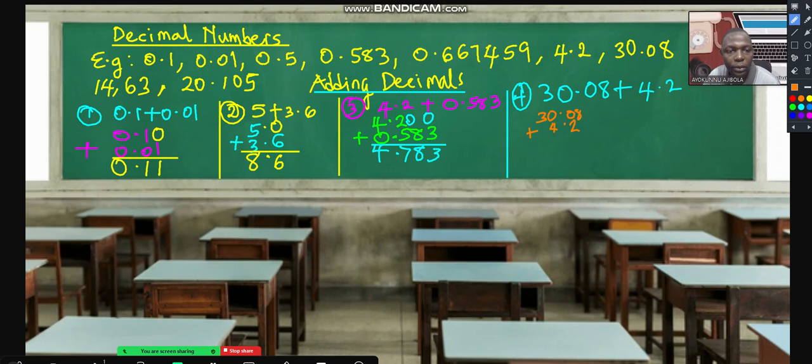You can see I didn't put anything under the 3 because this is just ones and this is tens. And I didn't put anything here, so I can put 0 here to balance it up. This is 8, this is 2, this is 4, and this is 3. So that is how to add decimal numbers together.